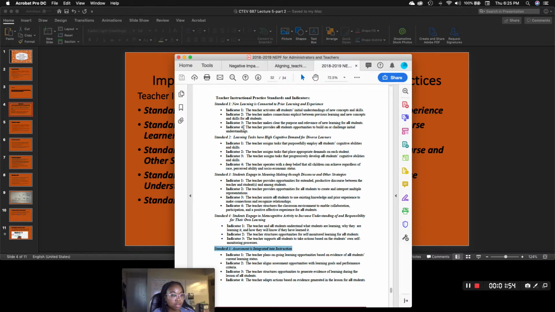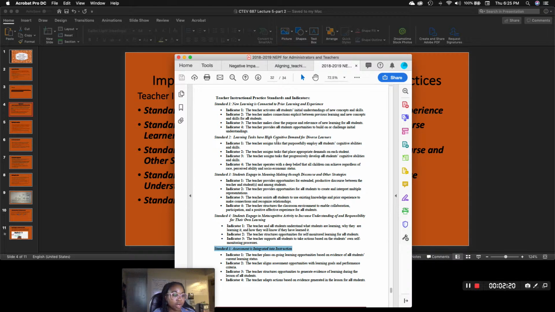So standard 1, new learning is connected to prior learning and experience. Standard 2, learning tasks have high cognitive demand for diverse learners. Standard 3, students engage in meaning making through discourse and other strategies. Number 4, students engage in metacognitive activity to increase understanding of and responsibility for their own learning.